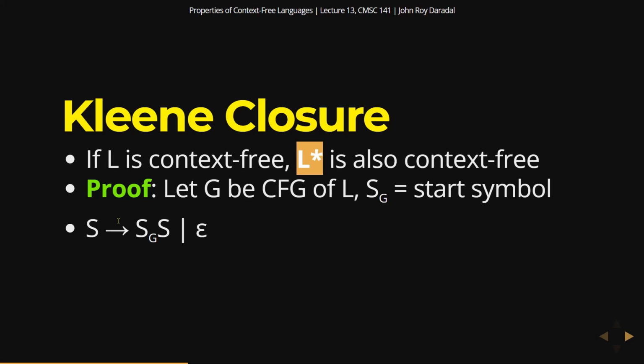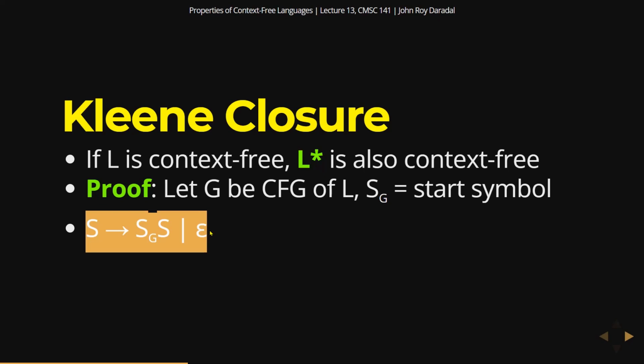So S could be epsilon, so there could be an empty string, or you could repeat it by having SG and then add more S. You can always add more SGs here, and if you're done, S can just be replaced with epsilon. So this is the production for Kleene closure. Since we have created a CFG, we're sure that it's a context-free language.